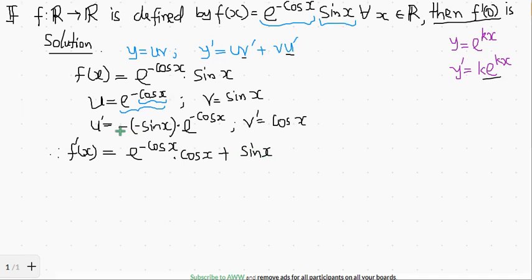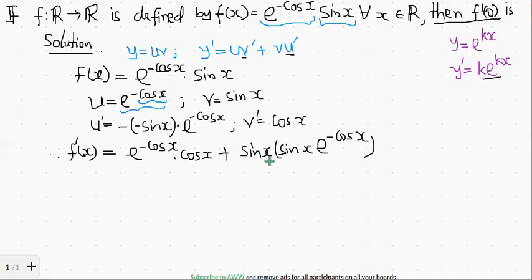So here a minus times minus is plus. So u prime is sine x times e to the power of negative cos x, times sine x.